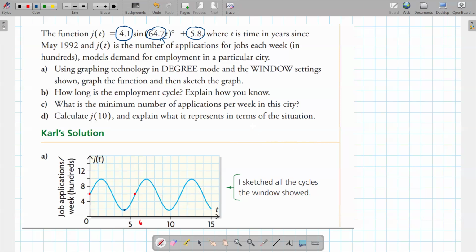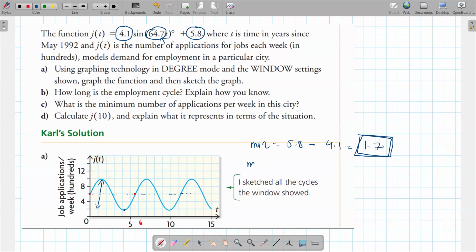Remember, A is the distance from the midpoint to the maximum. This distance is A, this distance is A. So, well, what's the minimum value? Well, it's going to be your C value, midpoint, minus 4.1. Your minimum value is 1.7.